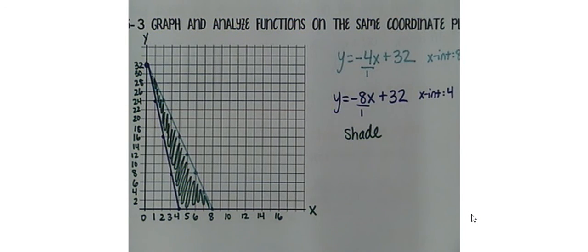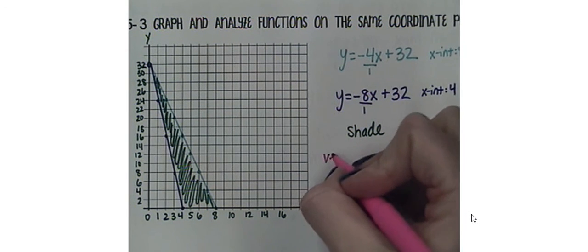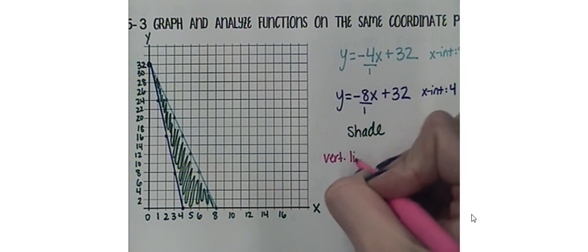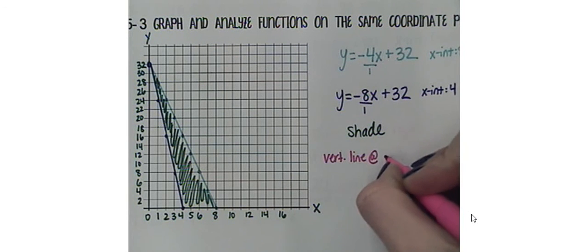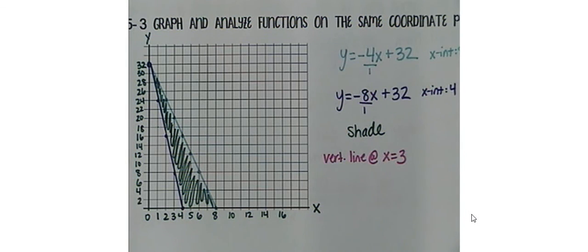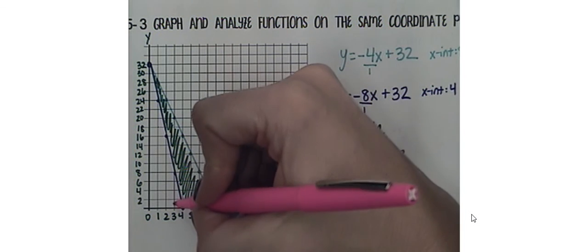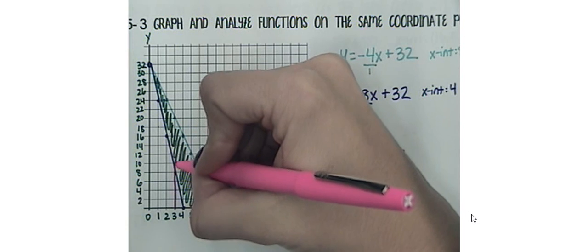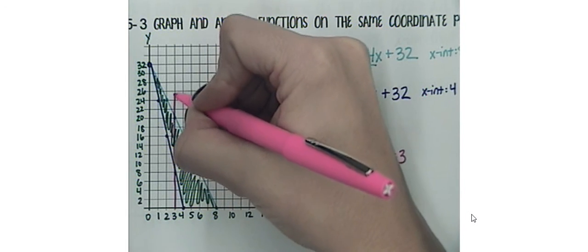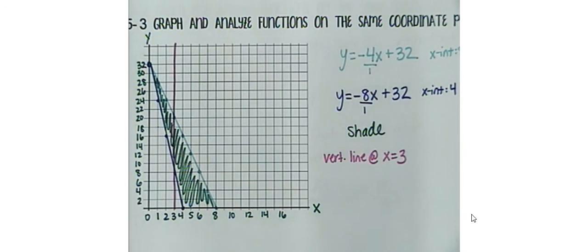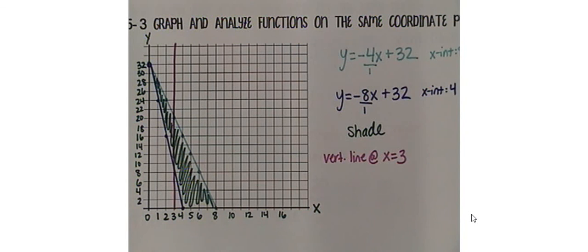And I would like you to draw a vertical line at x equals 3. And you're going to write your answers as an inequality.